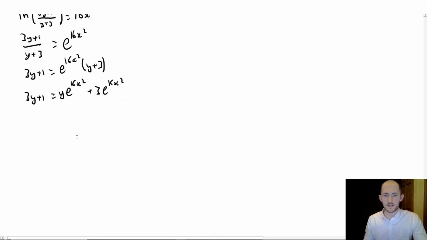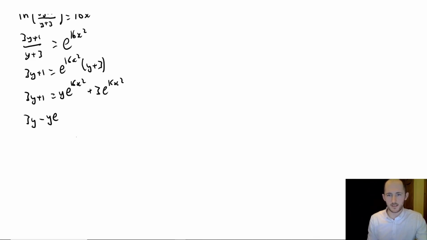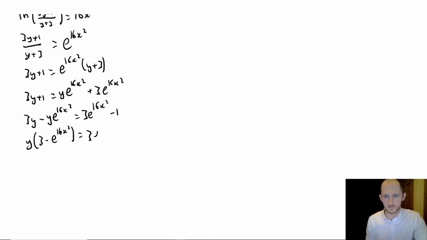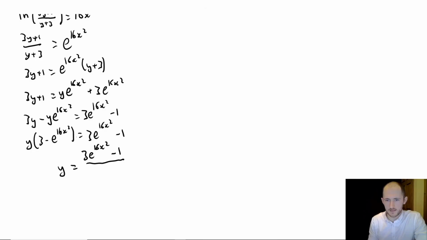Bring all the y's to the left hand side, everything else to the right. So we have 3y minus y e to 16x squared equals 3e to the 16x squared minus 1. Factorize out the y. And there we have it. No logarithms. Easy peasy lemon squeezy.